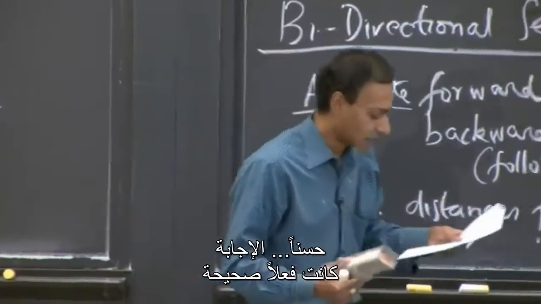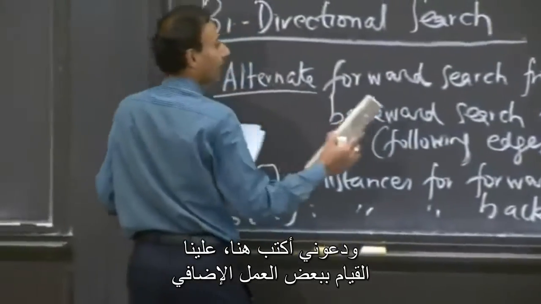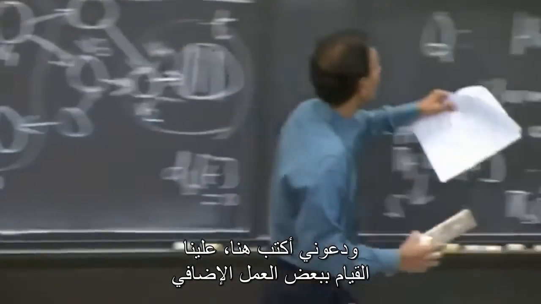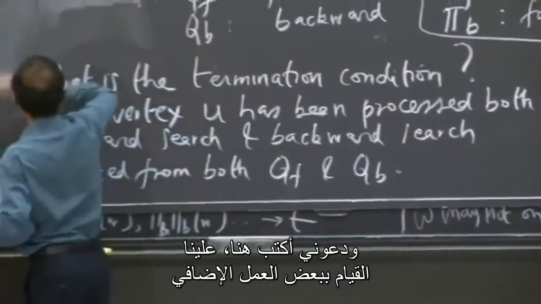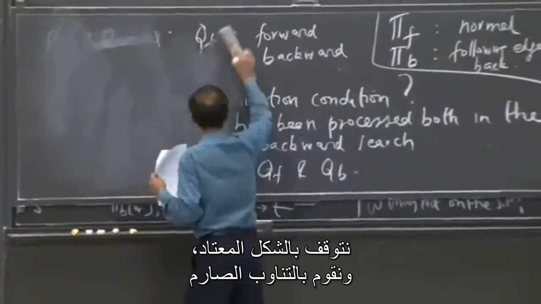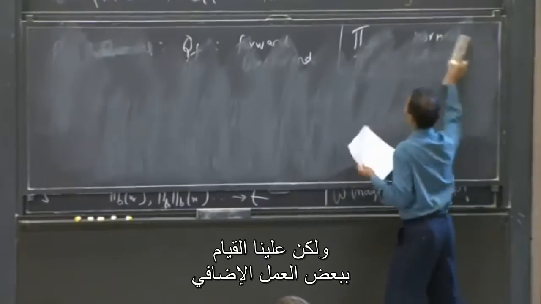All right, so the answer was in fact correct, and let me write it up over here. We have to do a little more work. We terminate properly. We do the strict alternation, but we have to do a little bit more work.